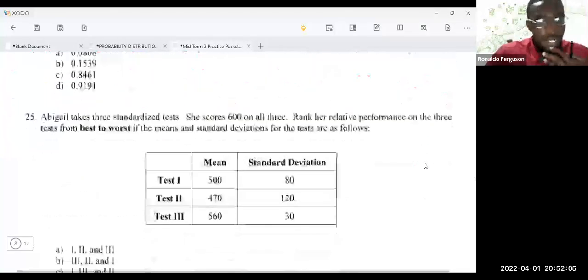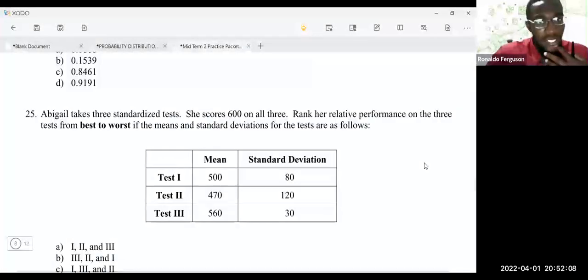All right, now let's see the next one here. It says, Abigail takes 3 standardized tests. She scores 600 on all 3. Rank her relative performance on the 3 tests, best to worst, if the mean and standard deviation are as follows.